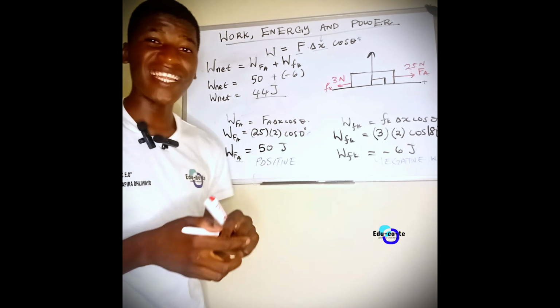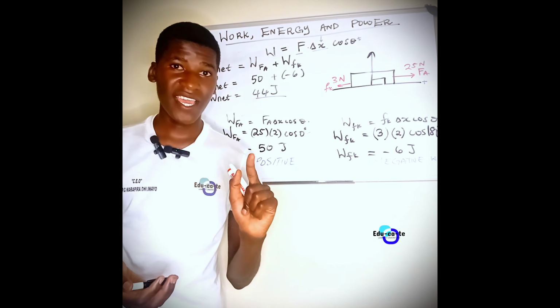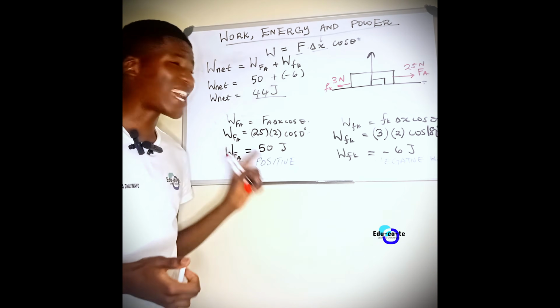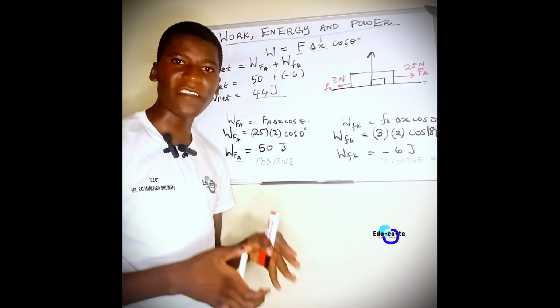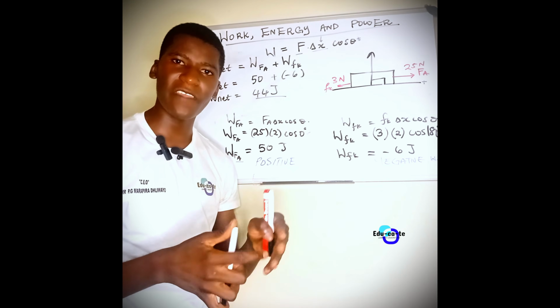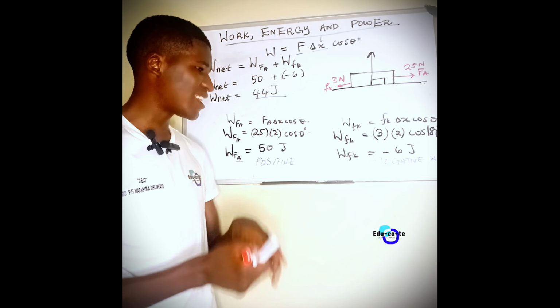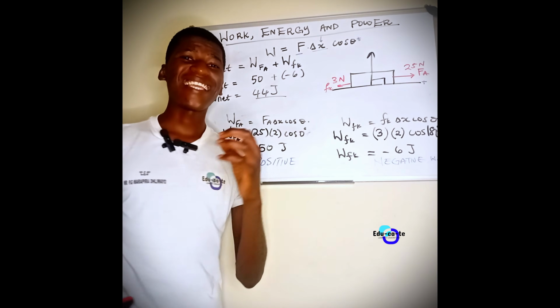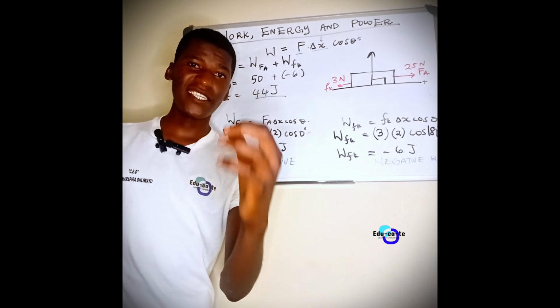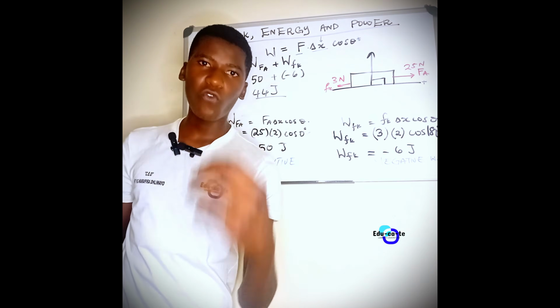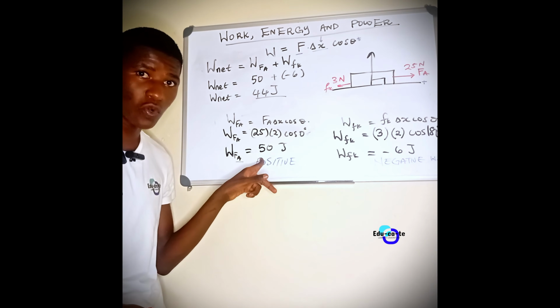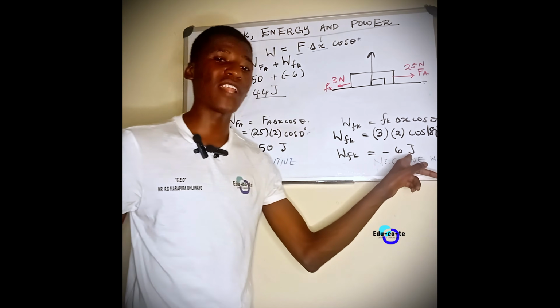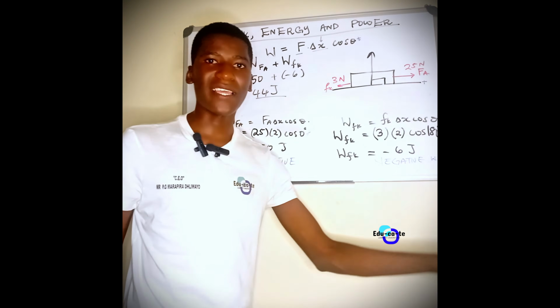Do you see that the net work done is positive work? It means that the work done by the applied force is dominant over the work done by the frictional force. That's why the object is still moving. It is because the applied force is dominant and it is continuously causing the object to move, because it is contributing a bigger work, which is 50 joules, in comparison to the smaller work, which is minus 6 joules by the frictional force.